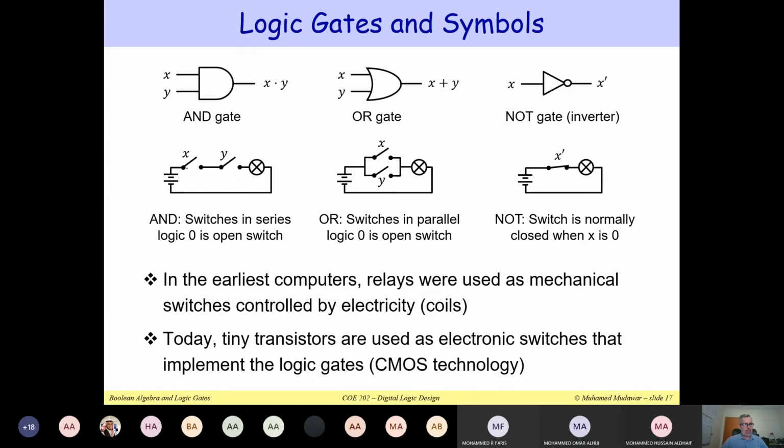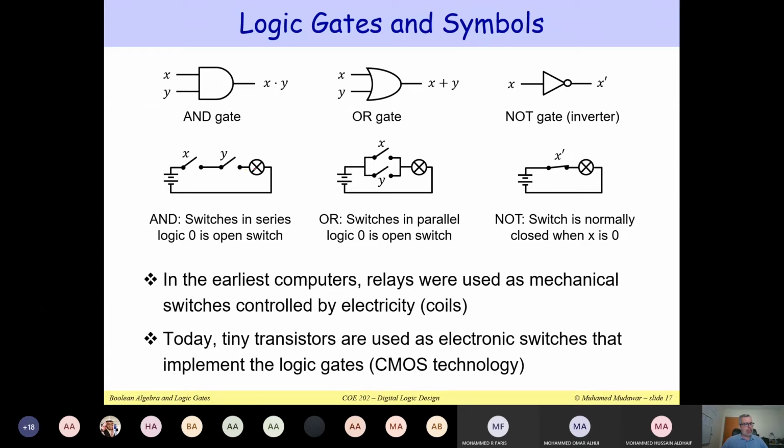Now, if both X and Y are closed, so you must actually have X equal to 1 and Y equal to 1, so that you can turn on these switches and both will conduct. Basically, the electricity is going to flow through both switches or transistors.